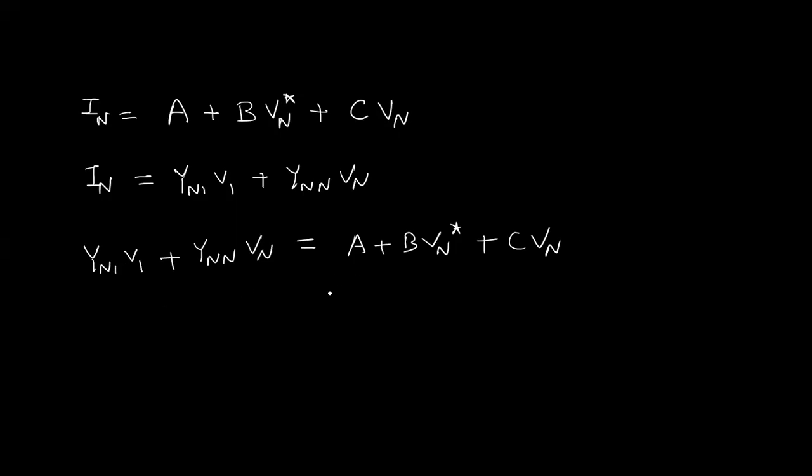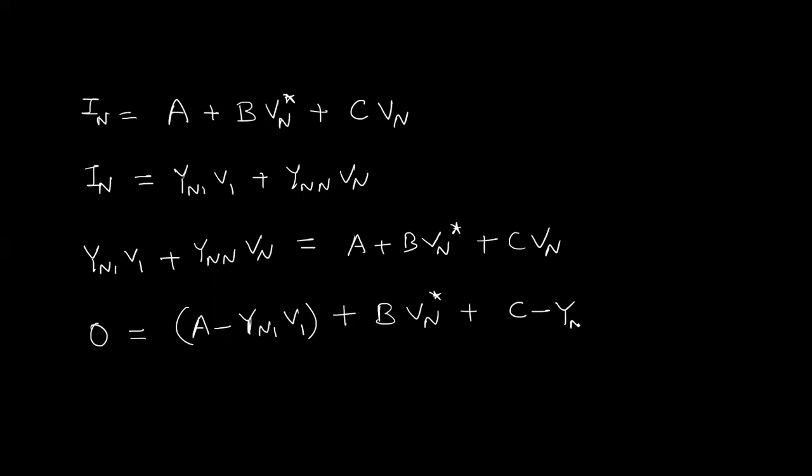So let us take all the terms to the right hand side. So the left hand side will become 0, and A minus Yn1 V1, I will combine this because this is a known constant term. Then here we have plus B Vn conjugate plus C minus Ynn Vn.